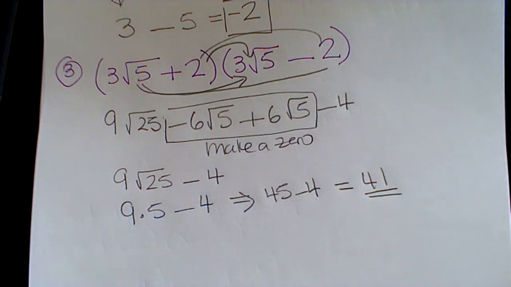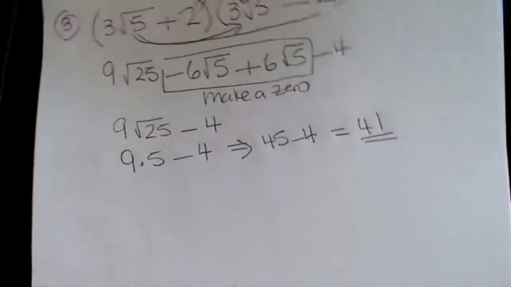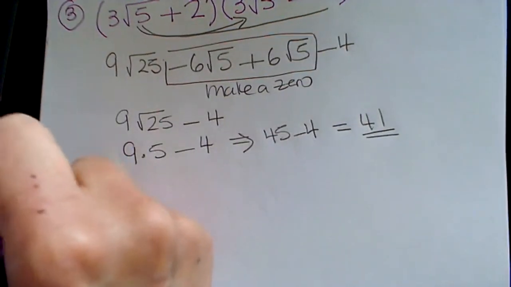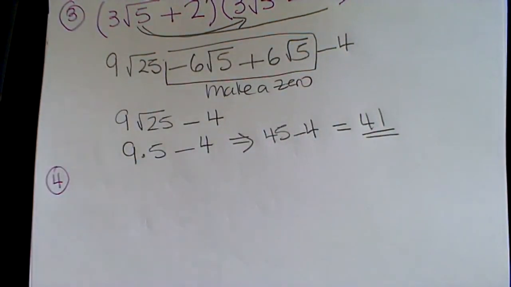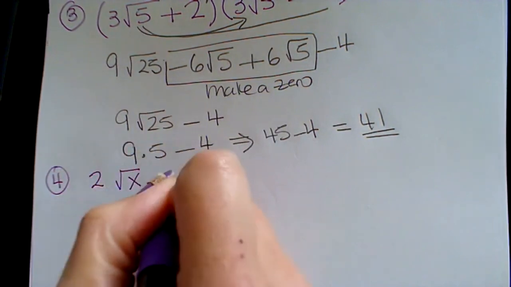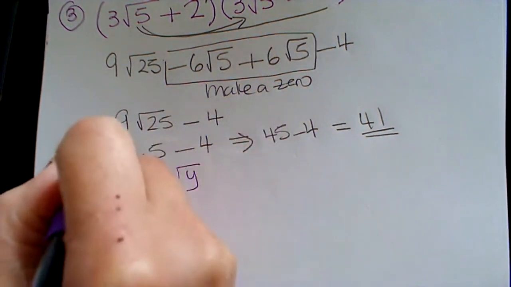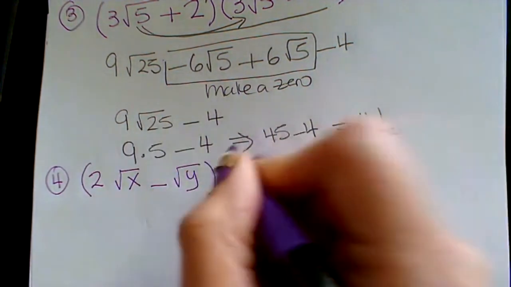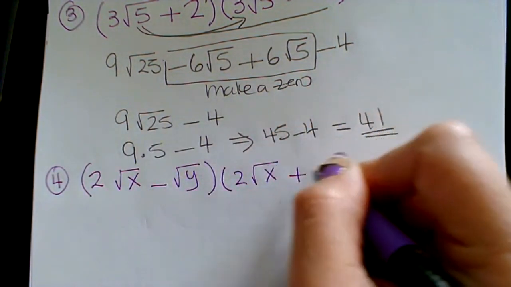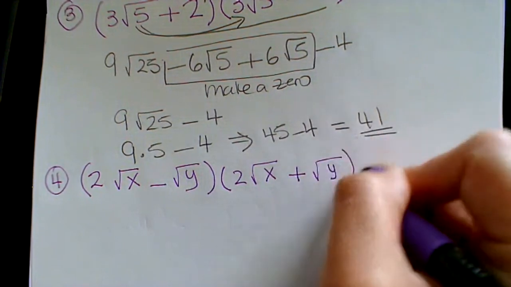So we make a 0. And then we do the square root of 25. Look at this one. This is 2 times the square root of x minus the square root of y. We're going to multiply by the conjugate, plus square root of y.